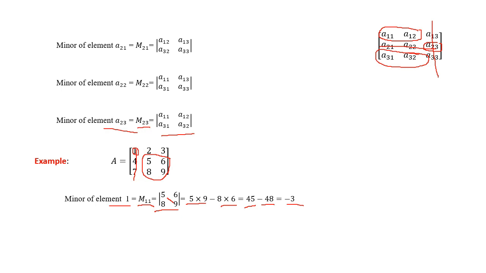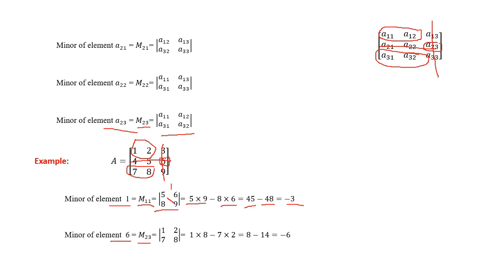If I consider any other element, we can also find the minor of that element. Suppose I randomly consider this 6. What is the minor of this 6? Just delete the second row and the third column. After deleting the second row and third column, we have this as a first row and this as a second row, and the determinant of that, the minor of 6, is denoted by M23.